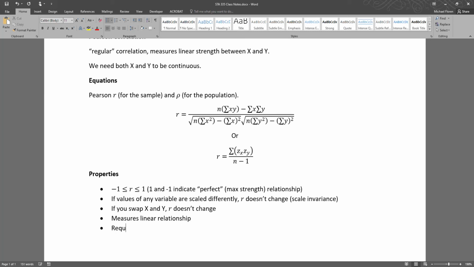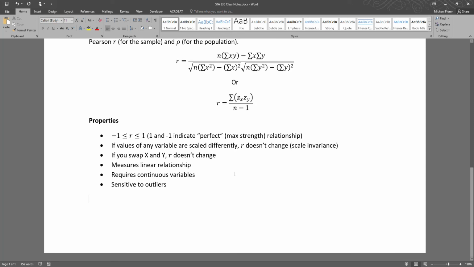As we've mentioned before, it requires continuous variables. And one thing that we haven't discussed yet is it is sensitive to outliers. That is, if we have a point that falls very, very far off of this particular line, then the R value is going to struggle with that. It's going to be thrown off by that single point. Now quickly, let's do an example.